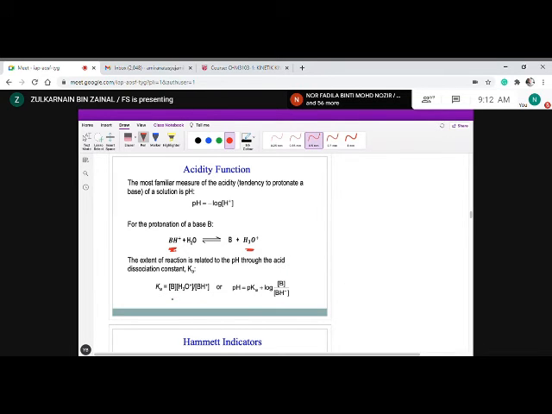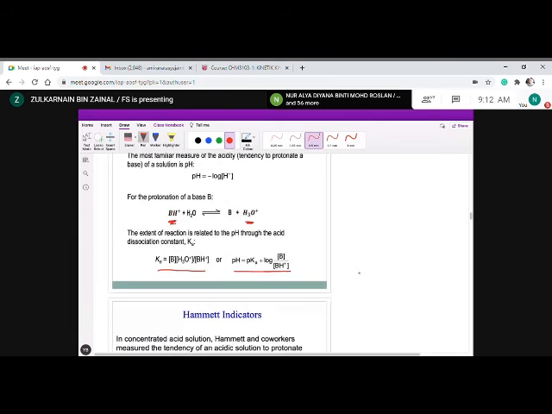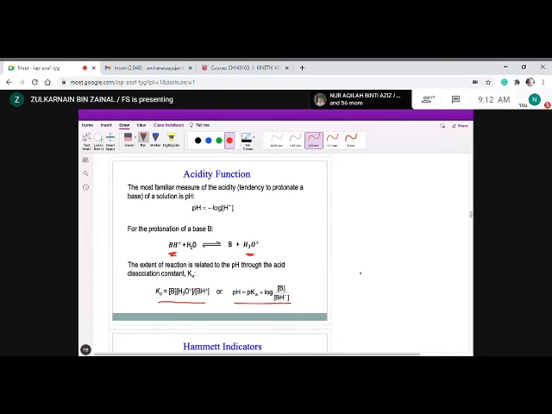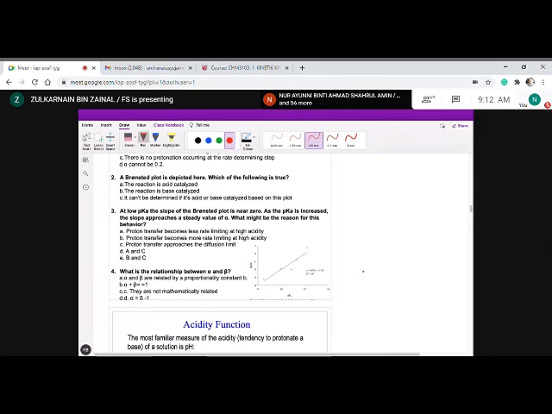So then the Ka value we can write as shown, and then we can transfer that into a different form, into the log form, as shown. That is quite straightforward for this acidity function.